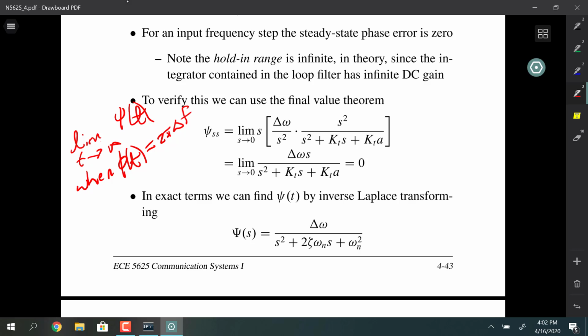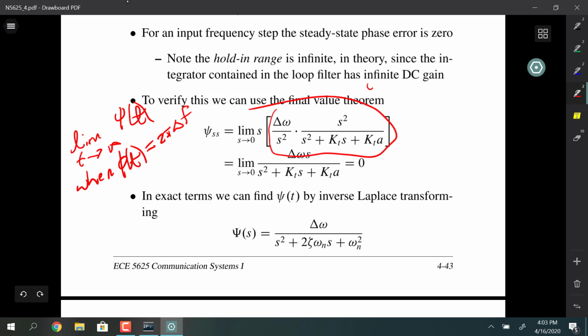It's powerful. Rather than having to take the limit as t goes to infinity, we can just take the limit as s goes to 0. So we take s times psi of s. So that's what we've got inside of here.